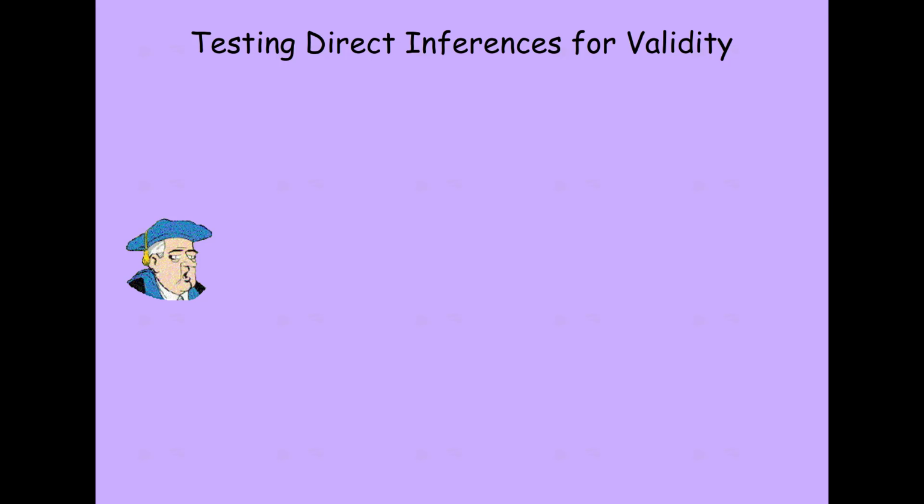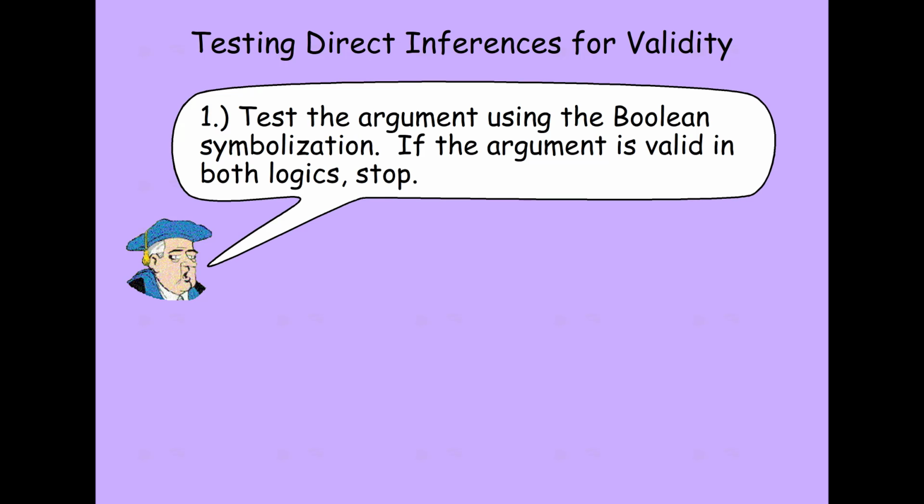What about my effective decision procedure to test direct inferences for validity or invalidity in both Boolean and Aristotelian logic? Well, I'm always going to start off testing in Boolean logic. And the reason why is that both Boolean and Aristotelian logic have that contradictory relation.